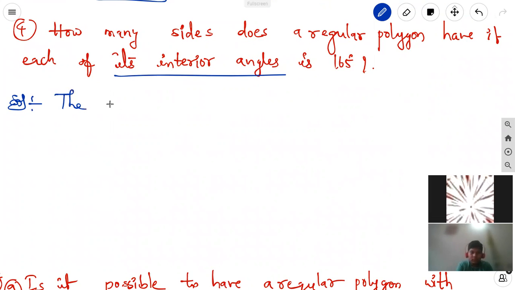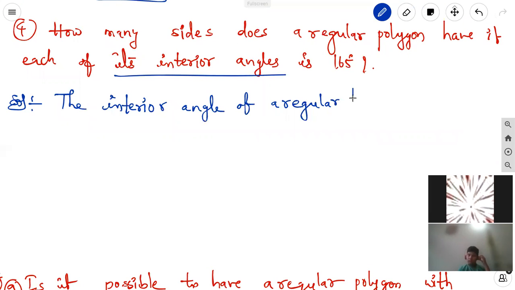The exterior angle, they have given the interior angle of a regular polygon equal to 165 degrees.